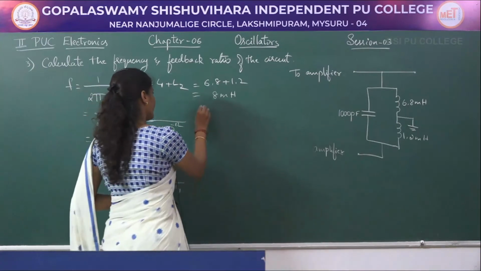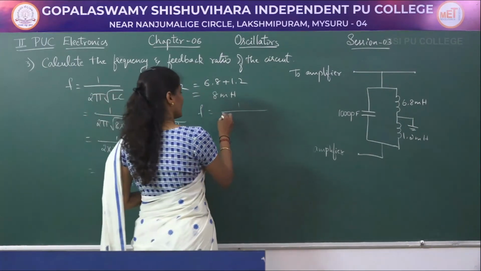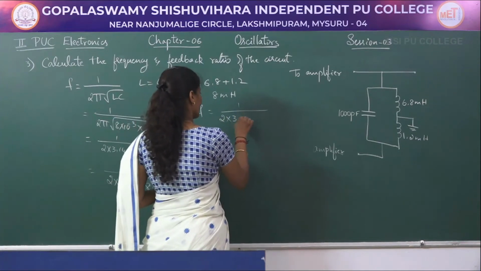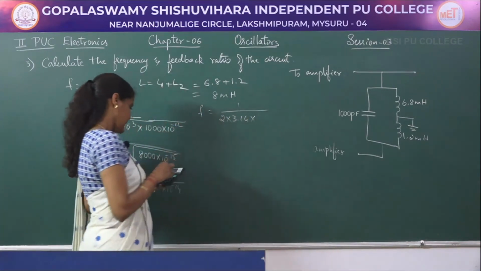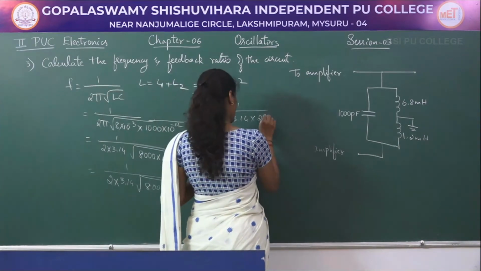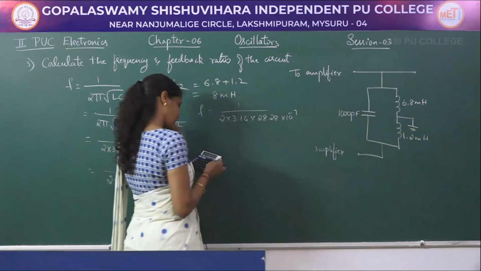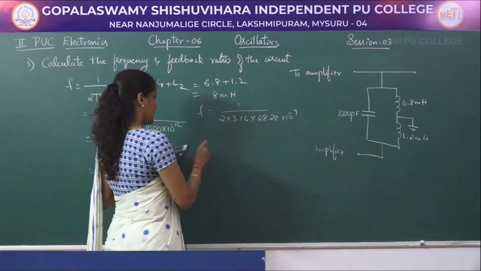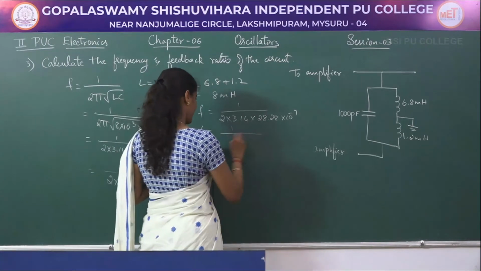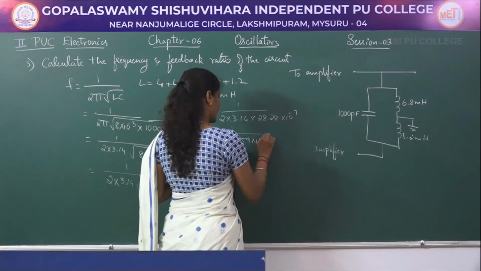So f is equal to 1 divided by 2 into 3.14 into 800, root is 28.28 into 10 to the power of minus 7. So let us multiply this. So I will be getting f is equal to 1 divided by 177.59 into 10 power minus 7.